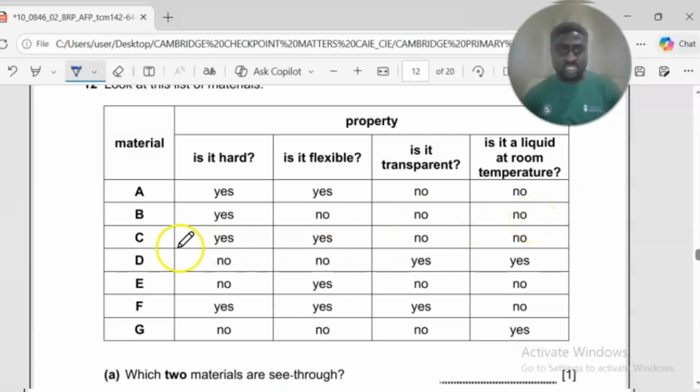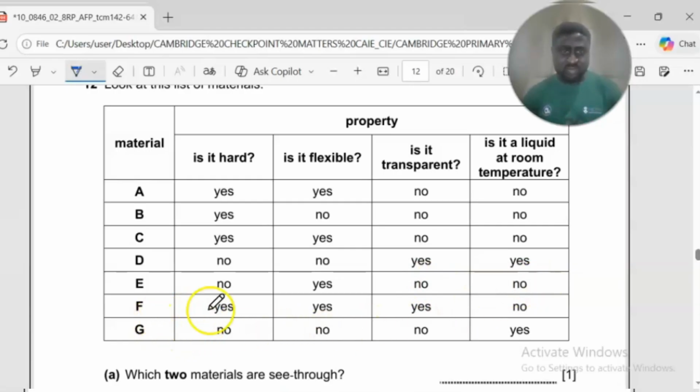No. Material C is hard, is flexible, is not transparent, and is not a liquid at room temperature. Material D is not hard, is not flexible, but it is transparent and is a liquid at room temperature. Then material E is not hard, but is flexible, is not transparent, and is not a liquid at room temperature. That's how you see the word no there.